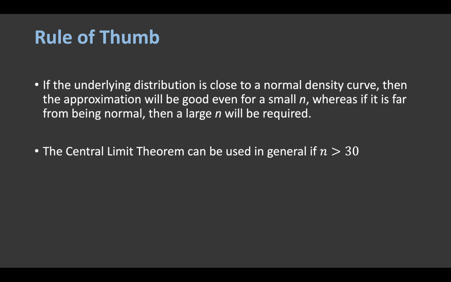Whereas if it is far from being normal, then a large n will be required. If the original distribution is more and more far from normal, then we need a larger n. The central limit theorem can be used in general if n is bigger than 30.